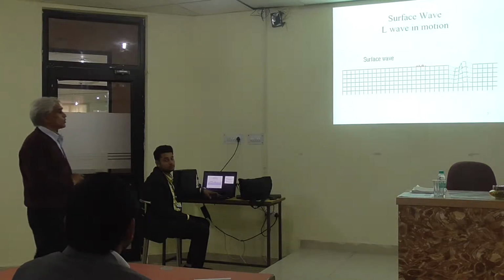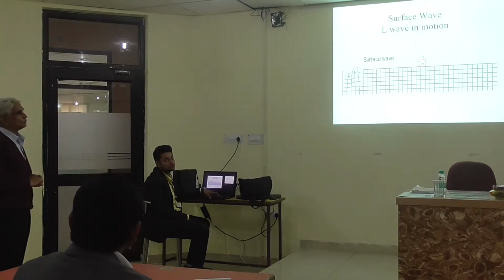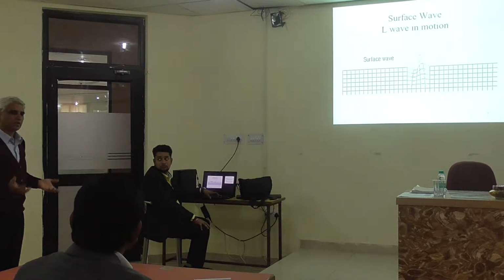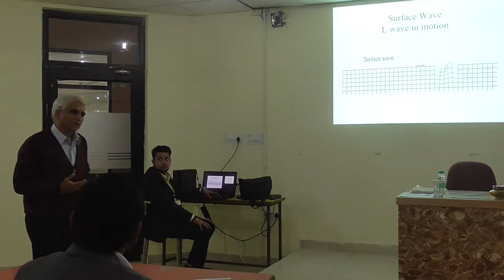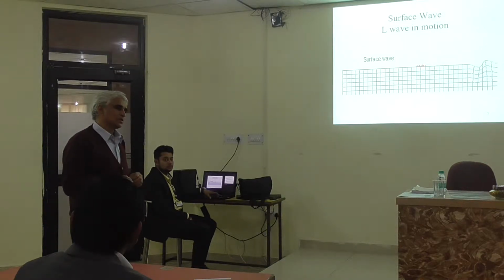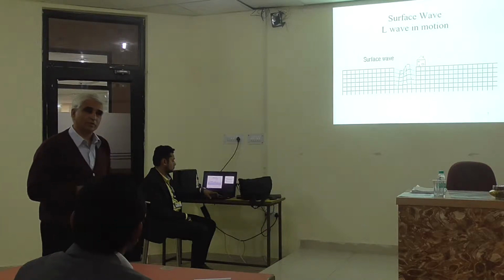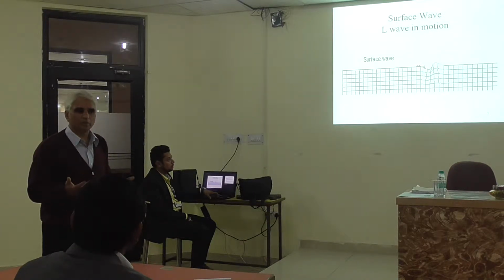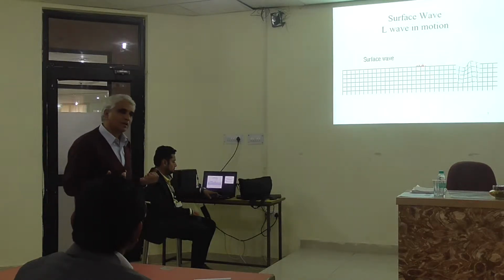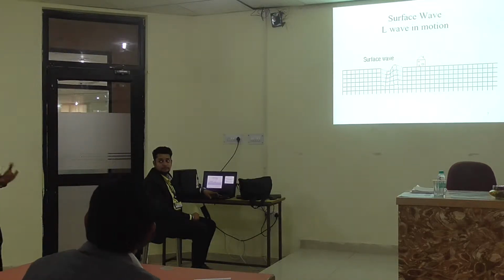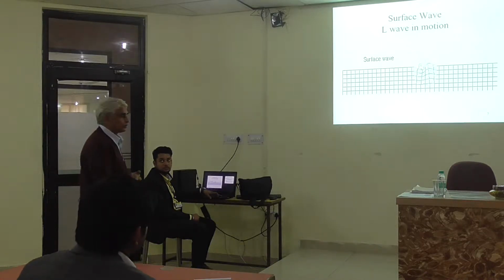So what should be done to minimize the damage? A structure comprises structural elements and non-structural elements. You can't make a structure earthquake proof; you can make it earthquake resistant. That's what we are aiming at.